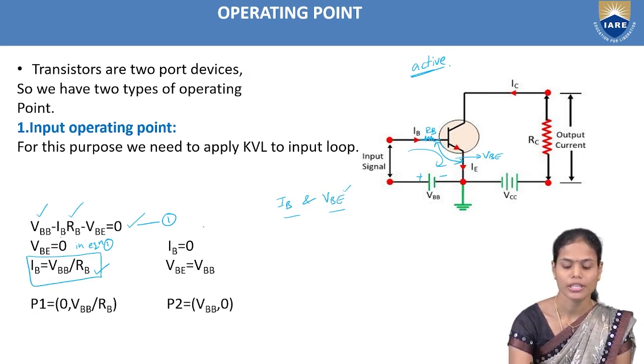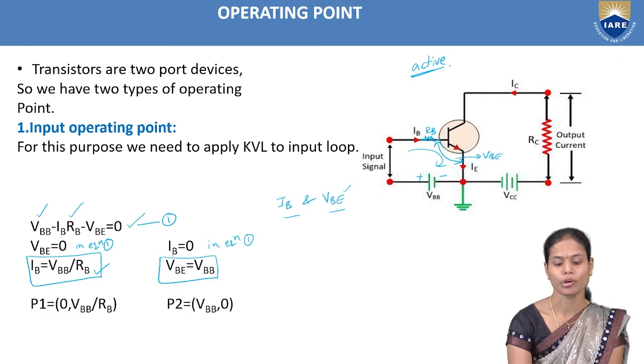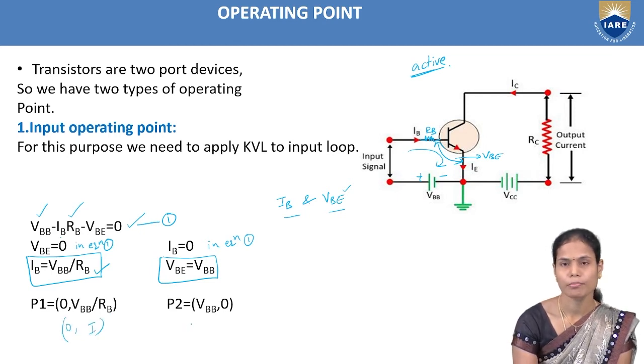Similarly, if we make IB equal to 0 in equation 1, then we get VBE equal to VBB. So this is the second operating point. P1 is 0 comma VBB by RB, that is 0 comma current, and point 2 is VBB comma 0, that is voltage comma 0.